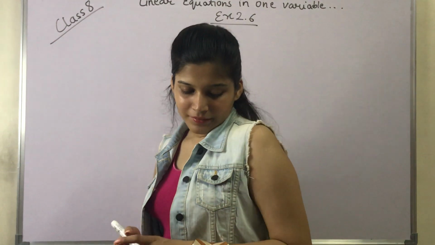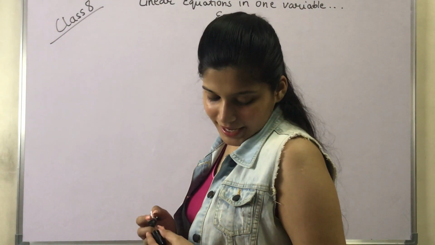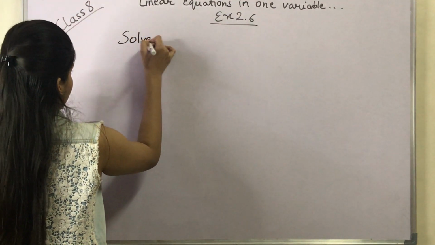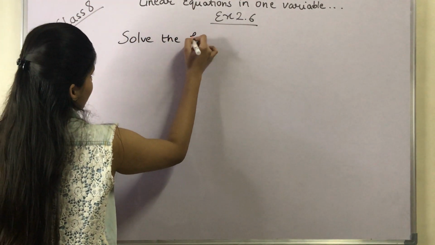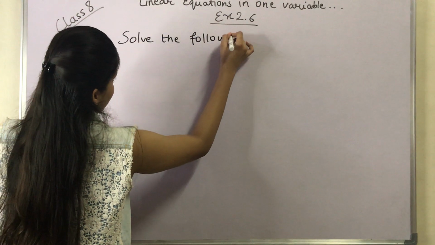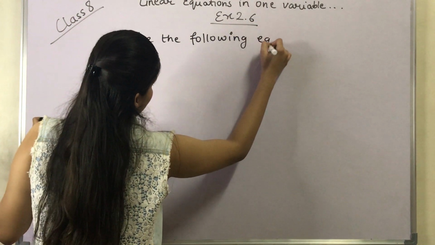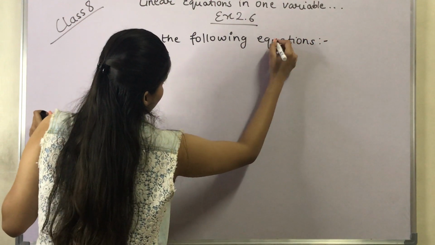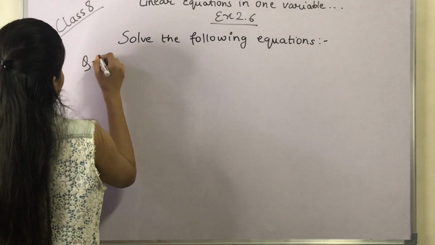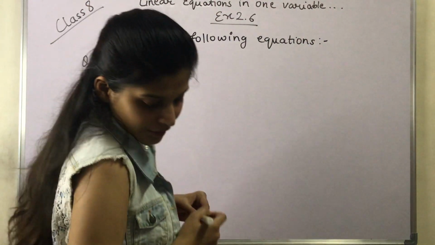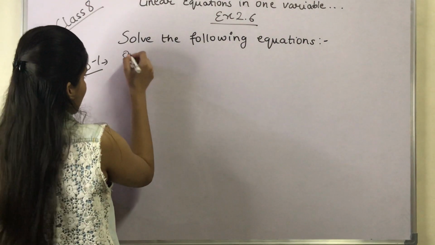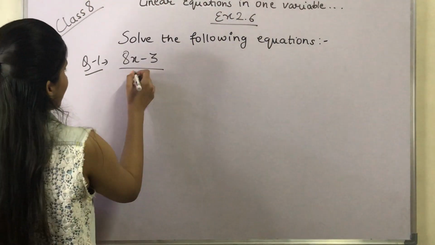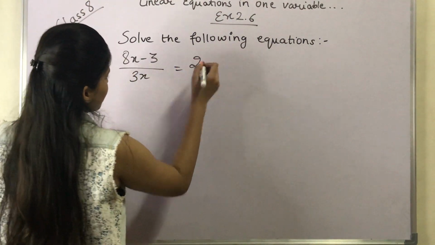Question number 1 of exercise 2.6 says solve the following equations. And question number 1 is (8x minus 3) upon 3x equals 2.